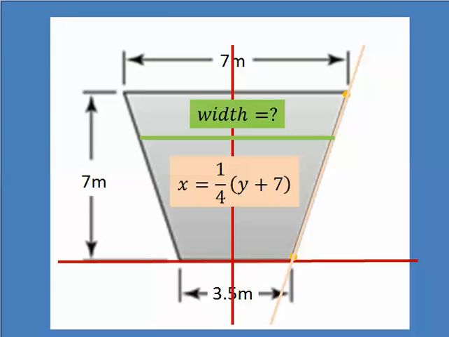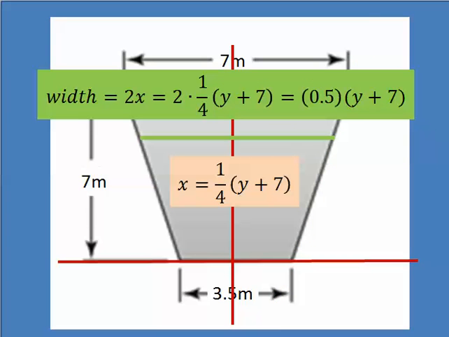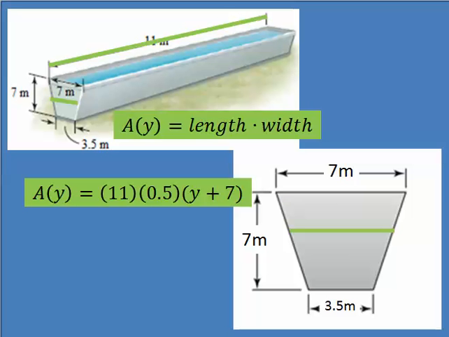So I multiply that expression by 2, and I get that my width is half of y plus 7. And so now I have the area of my rectangle. I'm going to multiply that 11 times 0.5, and I'll get 5.5 when I do that.